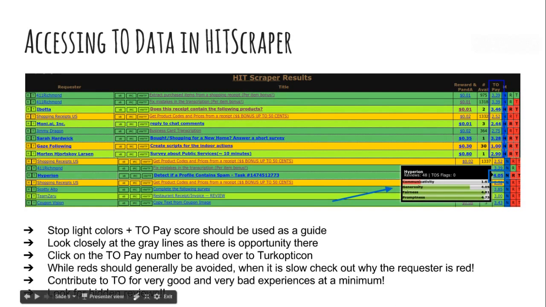If you click on the TO pay number, that brings you over to the website, Turkopticon. Red should generally be avoided, but if you're slow or you're just doing your research, click on them once in a while. It will help you understand why people are red. And you will run into a requester who was bad trying to go good, who is being very, very flexible.